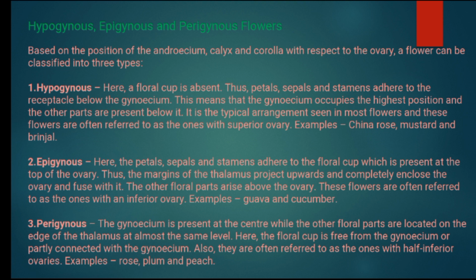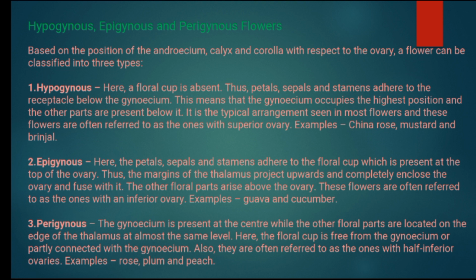Then the next and the last terminology is the perigynous. So peri means what? Around, means the gynoecium is present at the center, means the carpel or pistil is present at the center, while the other floral whorls, calyx, corolla and androecium, are located on the edges of the thalamus at almost the same level.